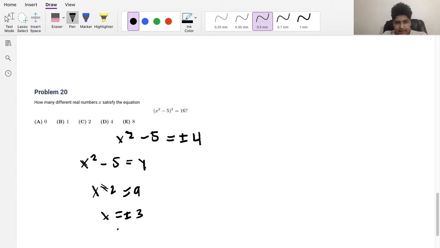Now, if we have the other way, x squared minus 5 is equal to negative 4, then we have x squared is equal to 1. So x is equal to plus or minus 1. So that's 2 more. That means in total, we have 4, which is choice D.